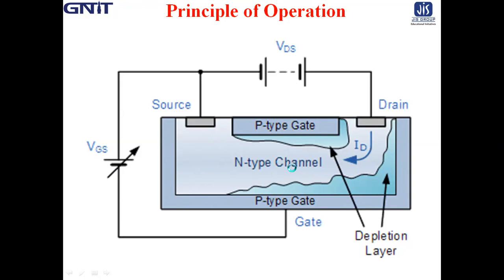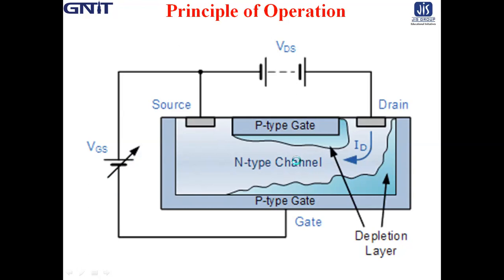Now, at a particular value of minus VGS, the two depletion regions about the junction would widen to such an extent that they tend to touch each other. Under this situation, the effective channel width becomes 0, and the channel is said to be cut off.